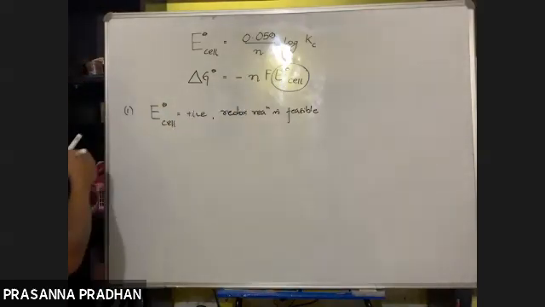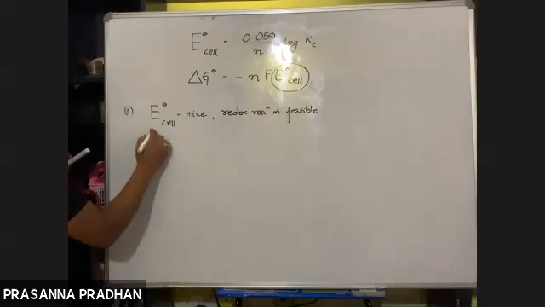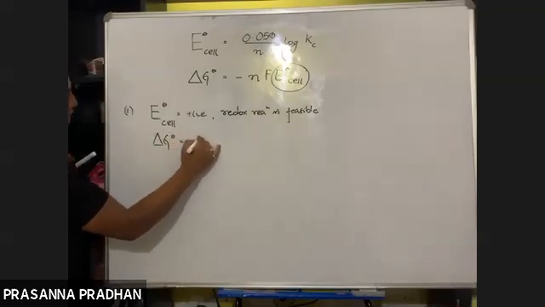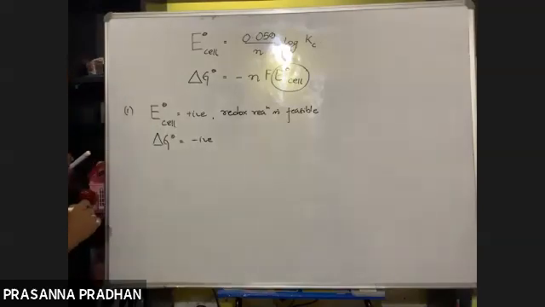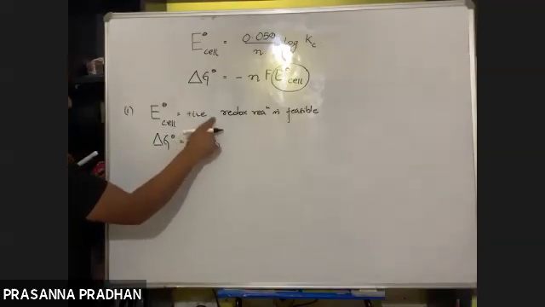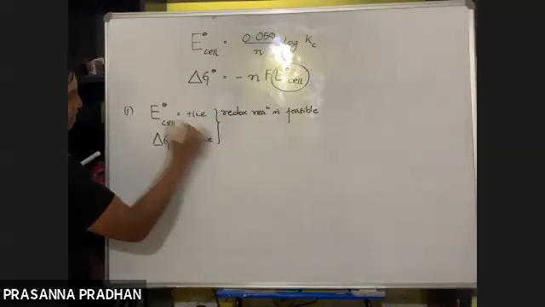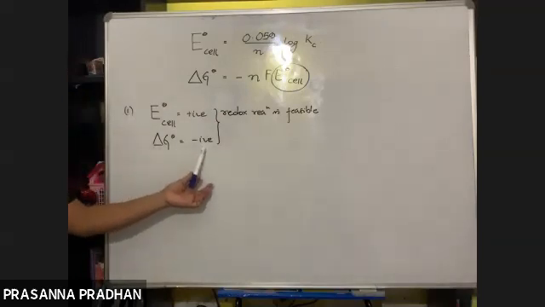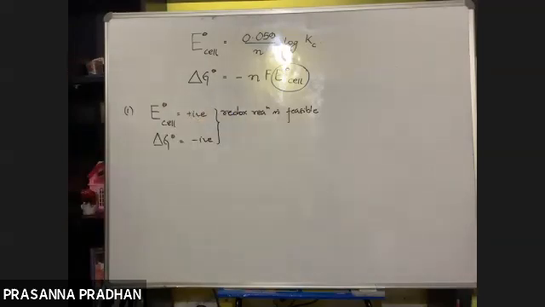That means E naught cell positive means delta G naught should be negative. So E naught cell positive, delta G naught negative, then the redox reaction is feasible. So in terms of delta G, if the delta G naught value is negative, then the redox reaction is possible.